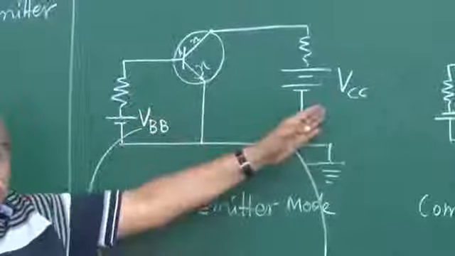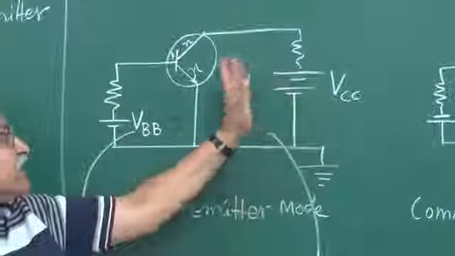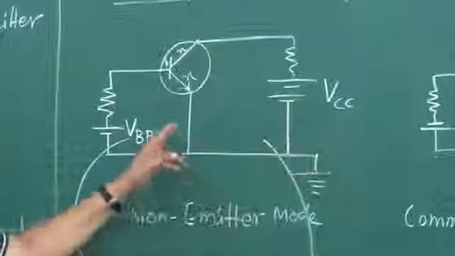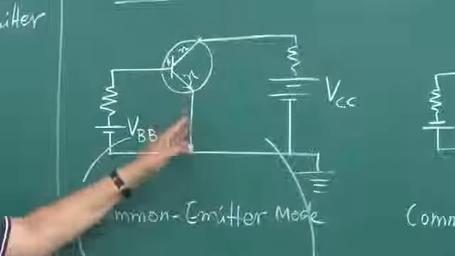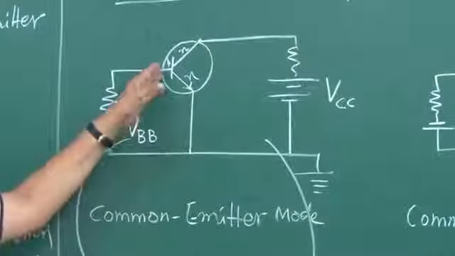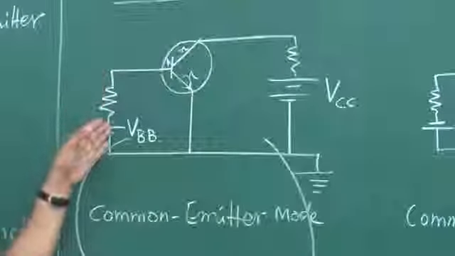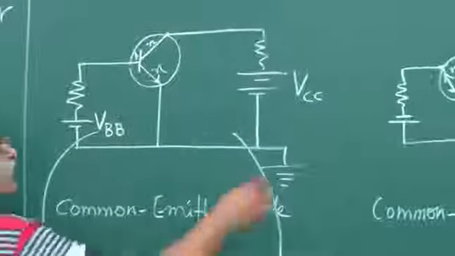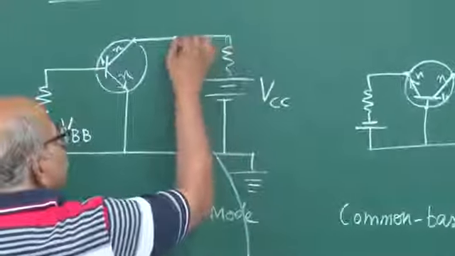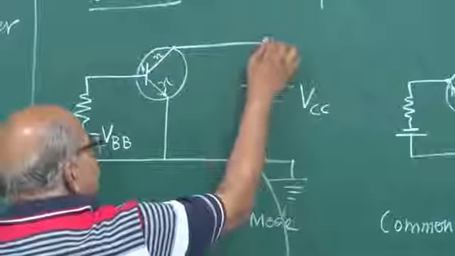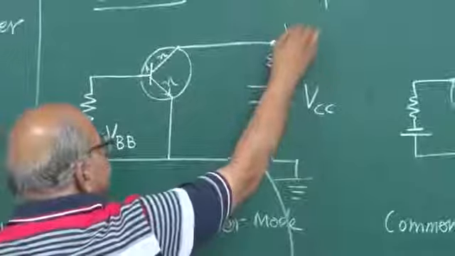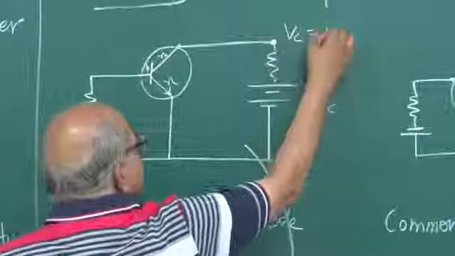Emitter is not mentioned in this nomenclature, and this collector side is connected to the collector, so it is CC, and on this side once again the emitter is not mentioned, and it is connected to base, so it is VBB. And with a single C you can write VC, that is the potential of this collector. So this potential as compared to this 0, that is VC, which is in fact the same as VCE.